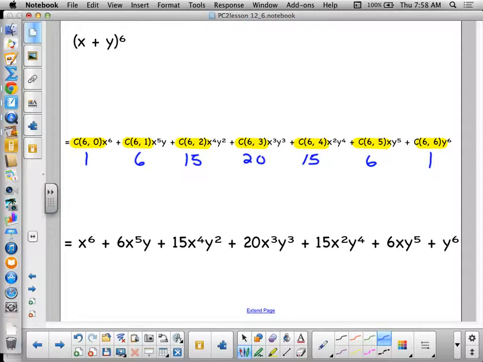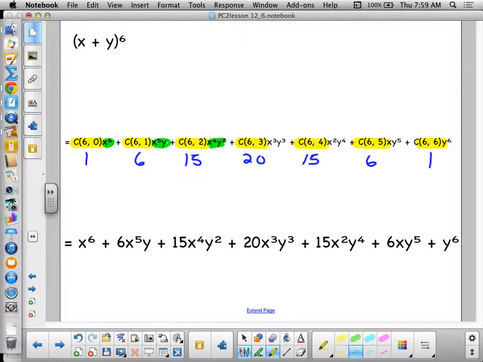Now, the other thing that goes along with that are the terms themselves. And notice what happens. We start with just x to the 6th, y to the 0, which doesn't show. Then x to the 5th y.